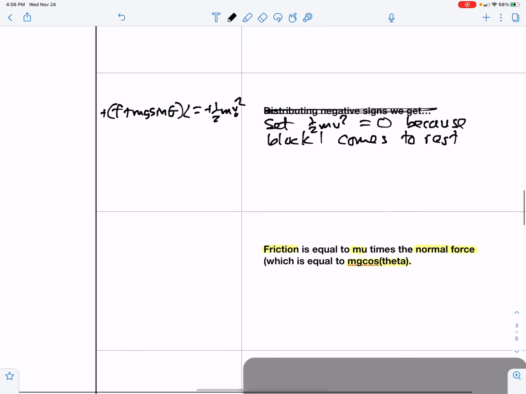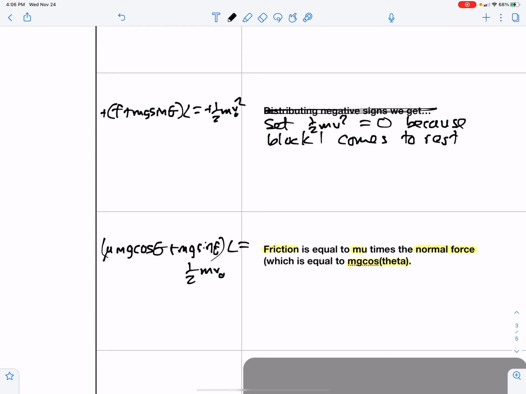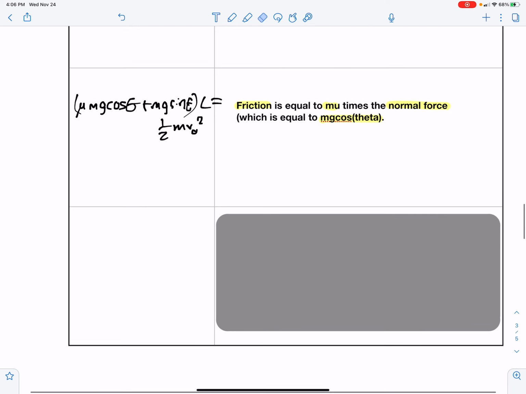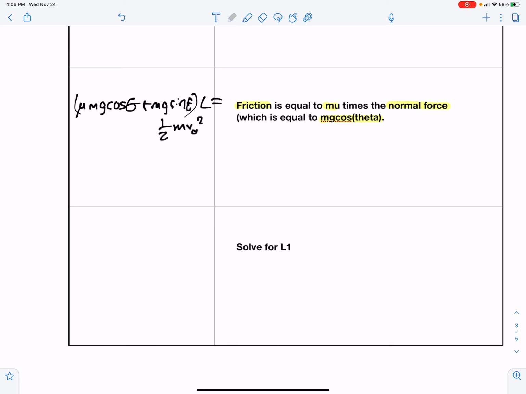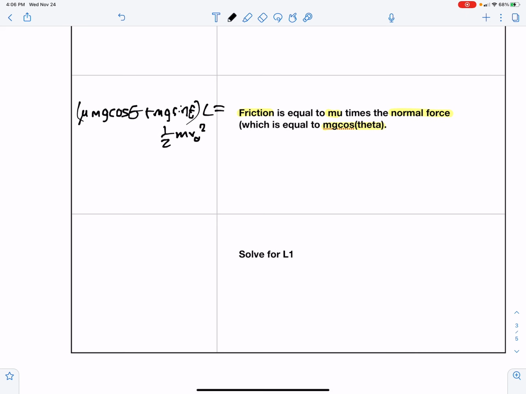Now we're going to substitute for friction. So we get mu mg cosine theta plus mg sine theta. All of this is times L, and that's going to equal 1/2 mv naught squared. To solve for L, we simply divide by everything in parentheses.